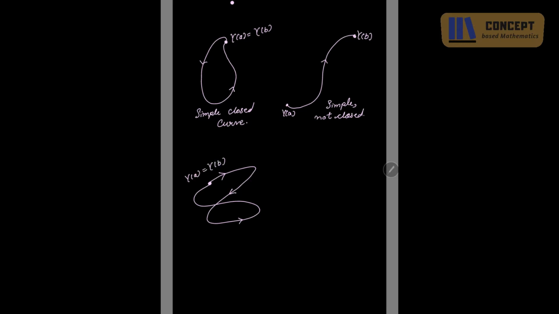That is, they meet each other. So this curve is closed. Is it simple or not? It is not simple because this curve intersects itself at these two points. So this is closed but not simple.